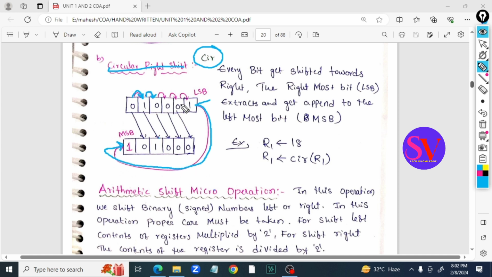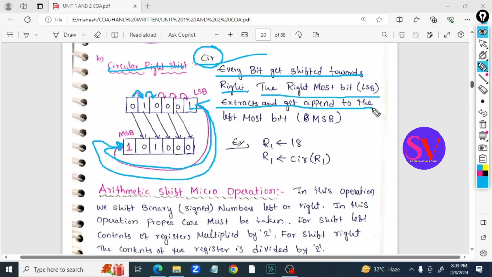Okay, this LSB 1 here will be connected with the MSB, and it forms a circle. So it is circular right shift, represented with CIR. Every bit gets shifted towards right. The rightmost bit, the LSB, is extracted and appended to the leftmost bit MSB.